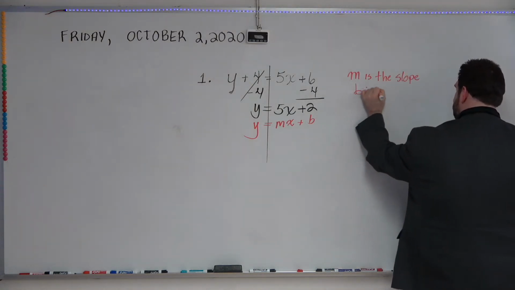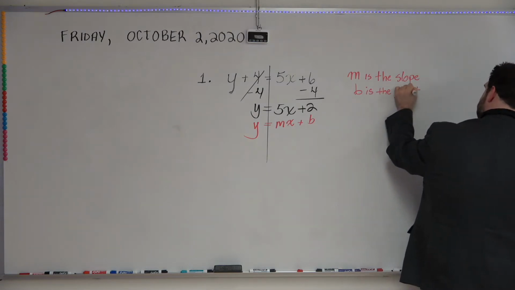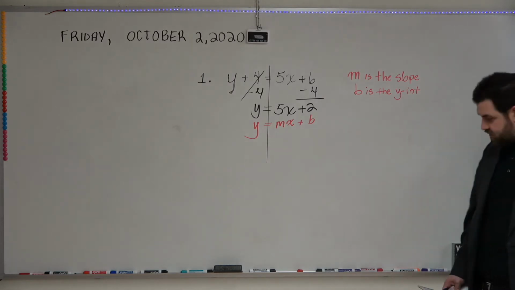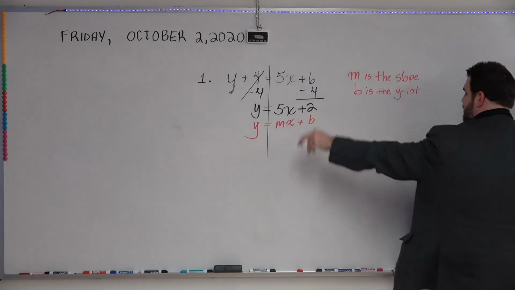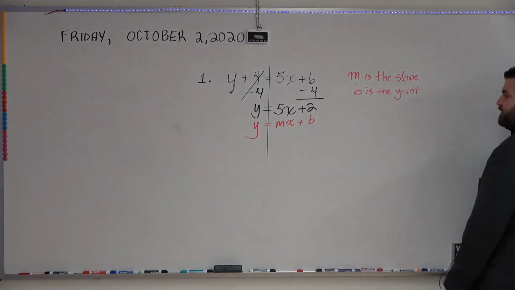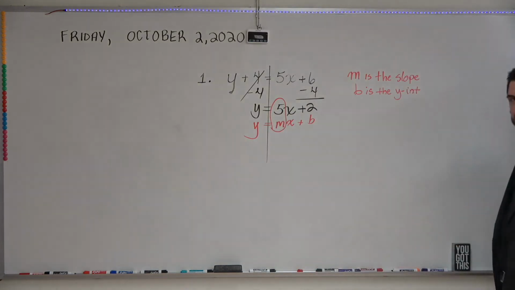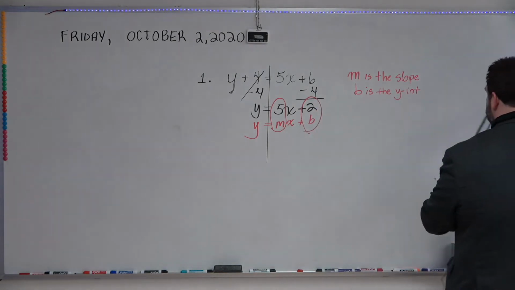B is the y-intercept. So let me ask you this question. What is the slope of this line? 5, right? And you can even circle it. M is 5, so slope is 5. What's the y-intercept? 2.